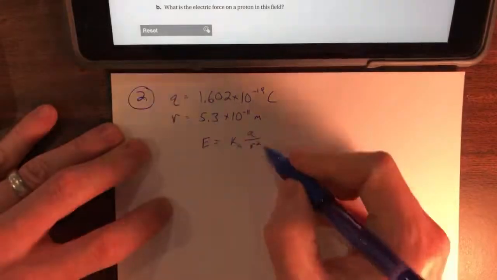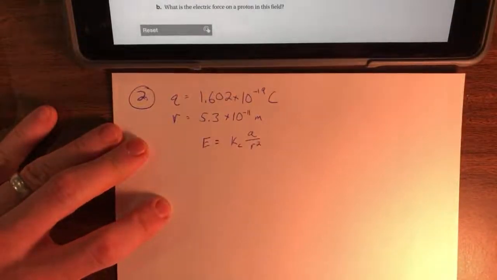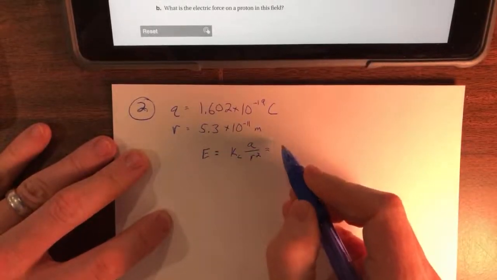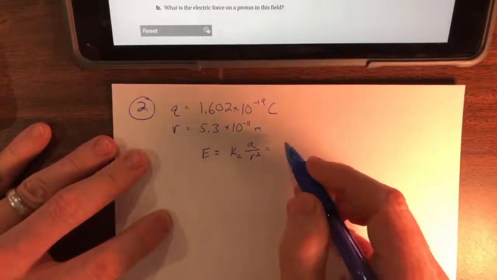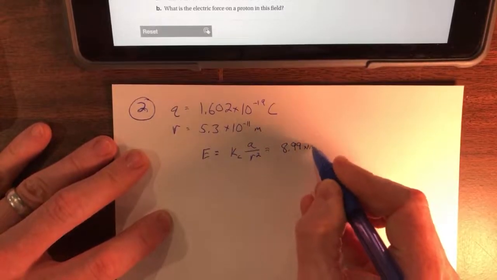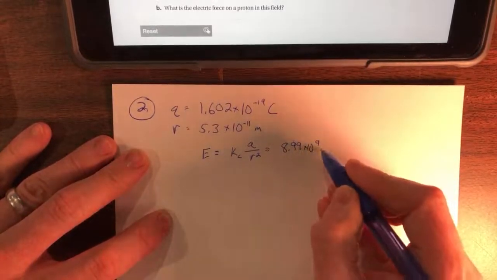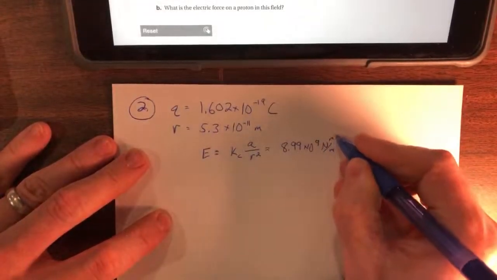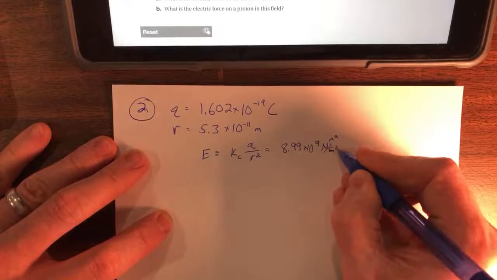Plugging in here, Kc is 8.99 times 10 to the 9th newton meters squared per coulomb squared.